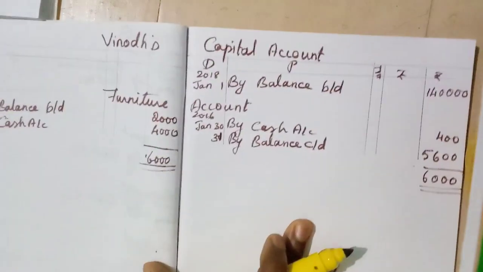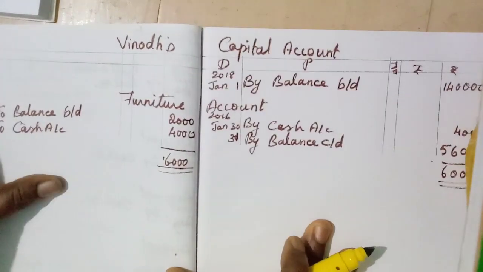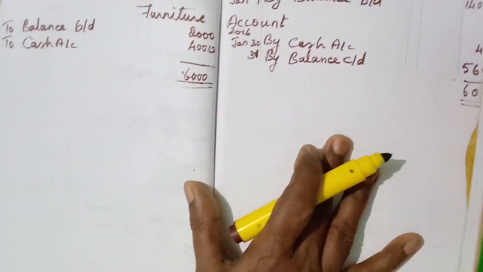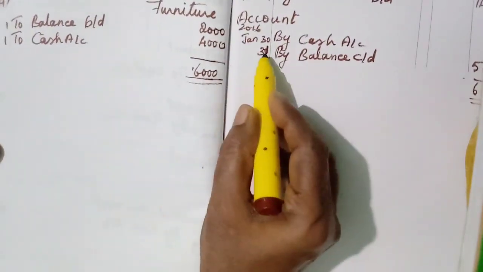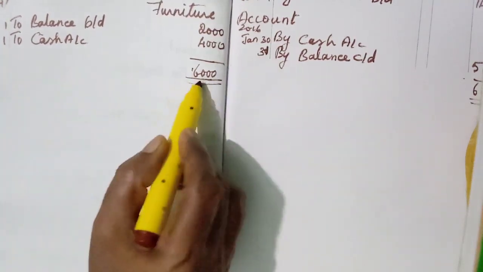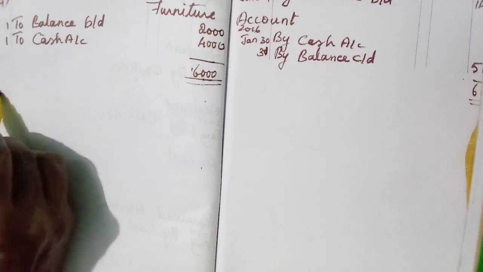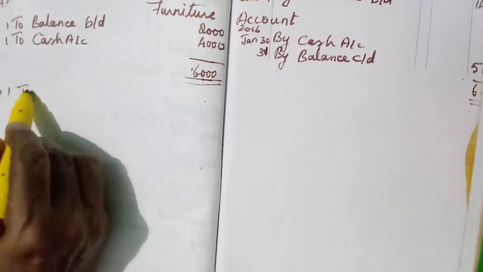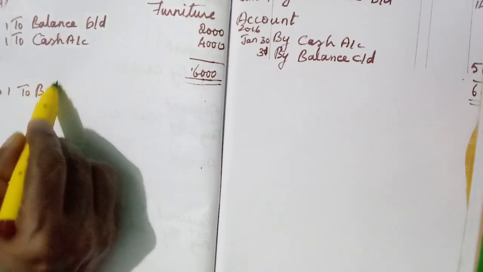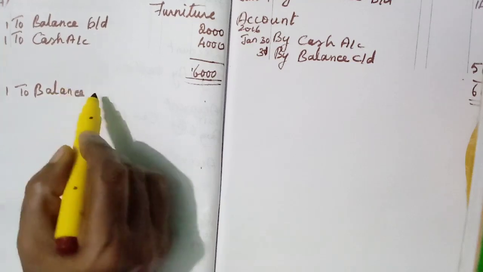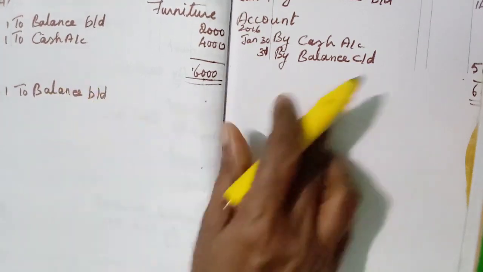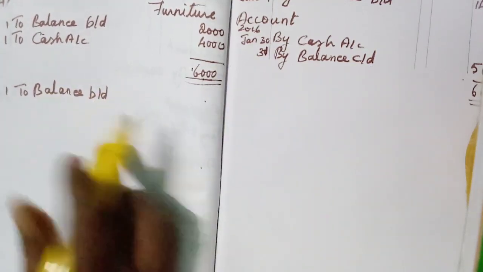Then, what we should write now? Next date is February 1. So, here below this amount line you have to write February 1 to balance brought down. This carry down will become the opening balance.